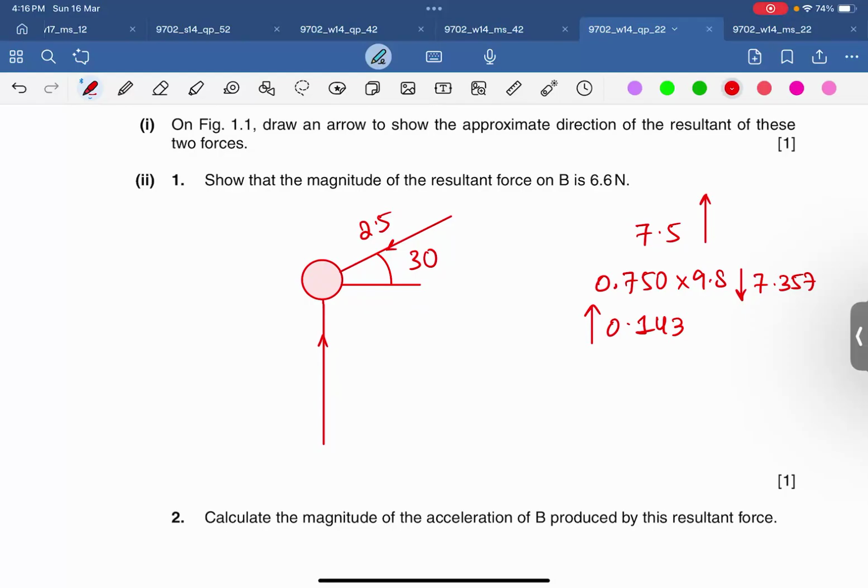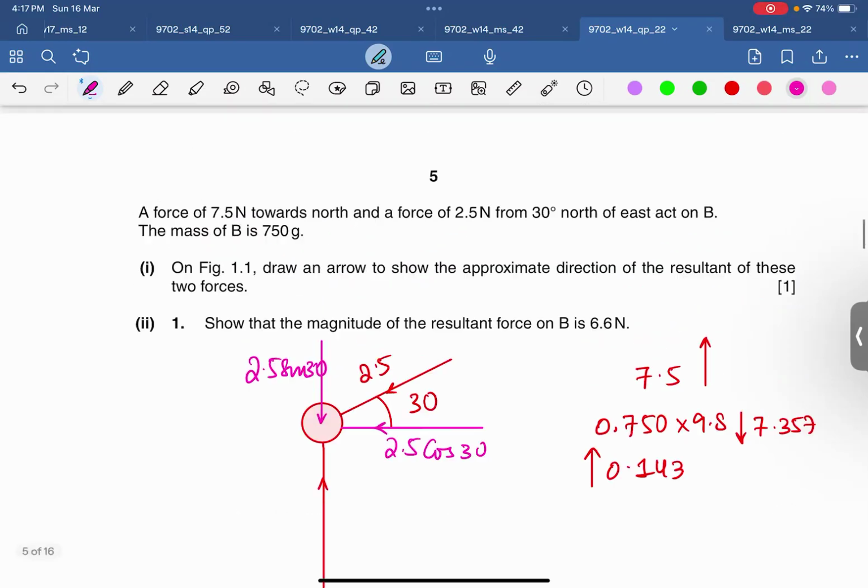But that won't give me it. So if I just make the components, this component will be 2.5 cos 30, and this will be 2.5 sine 30, and this is downward.